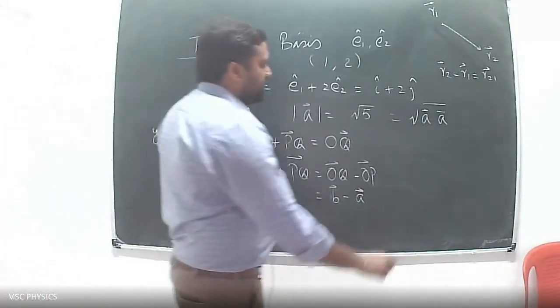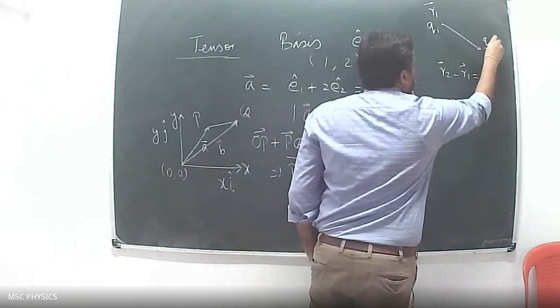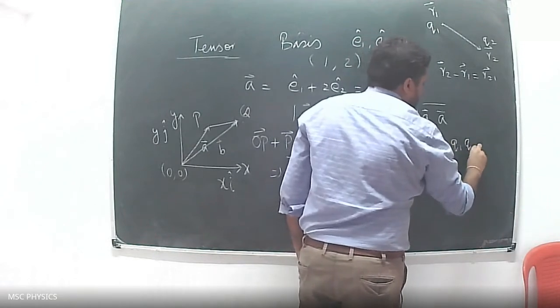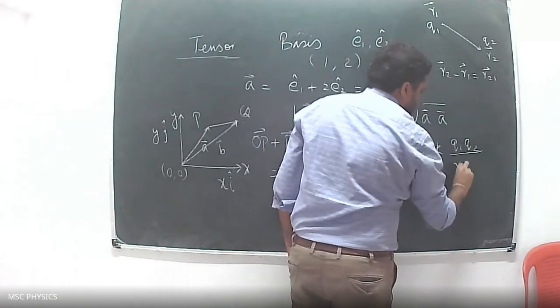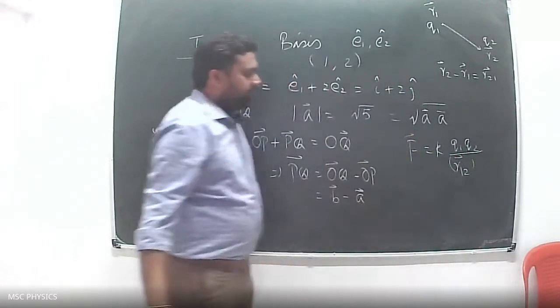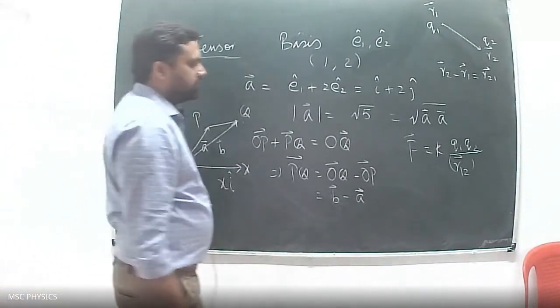Right? So the force will be, let me call it Q1, Q2. So it will be some constant K, Q1, Q2 divided by the magnitude of R12, because force is a vector.